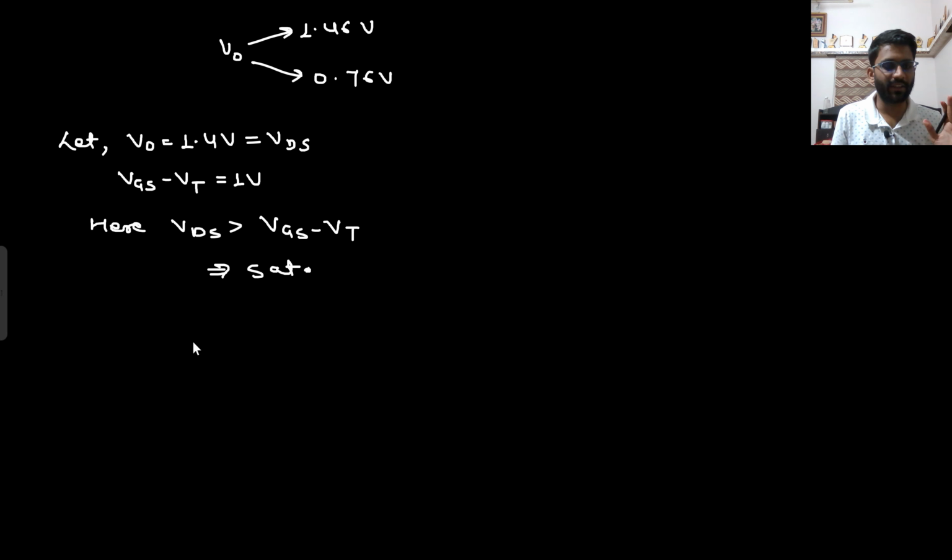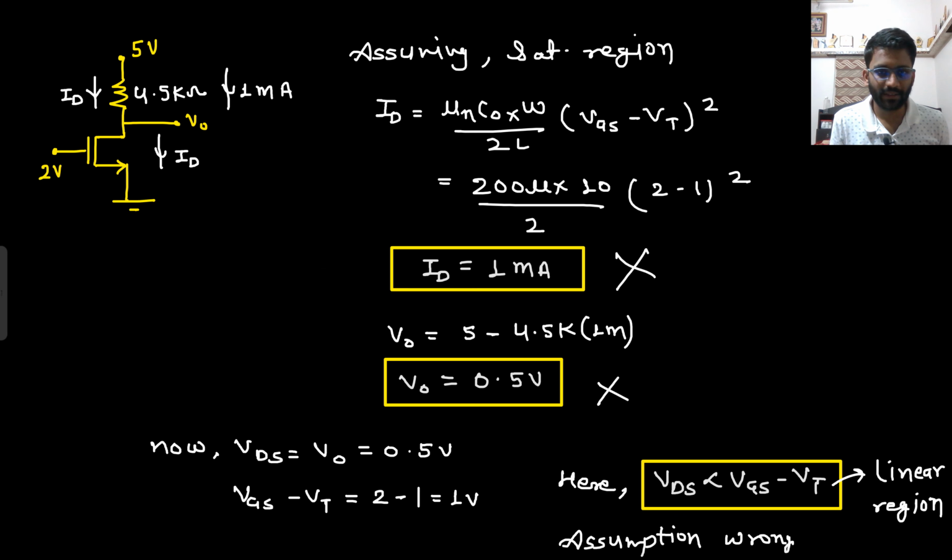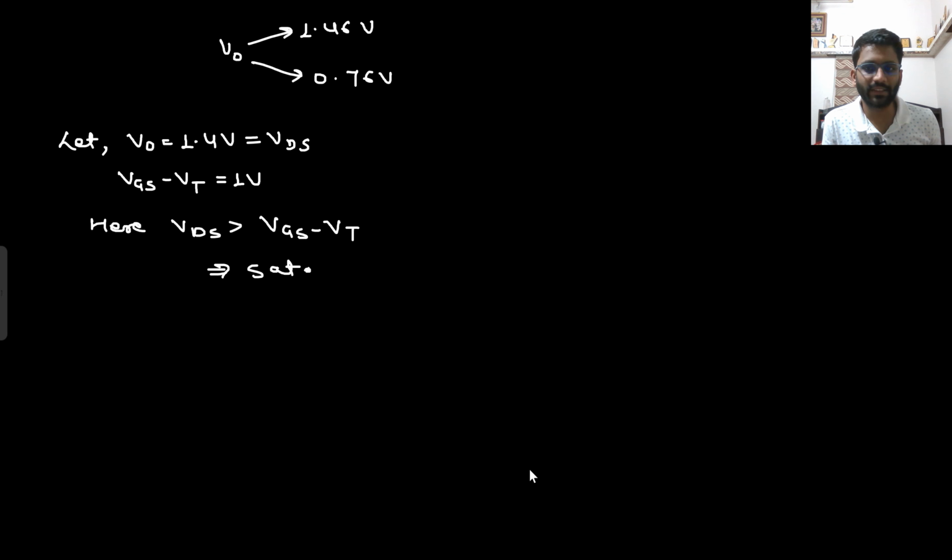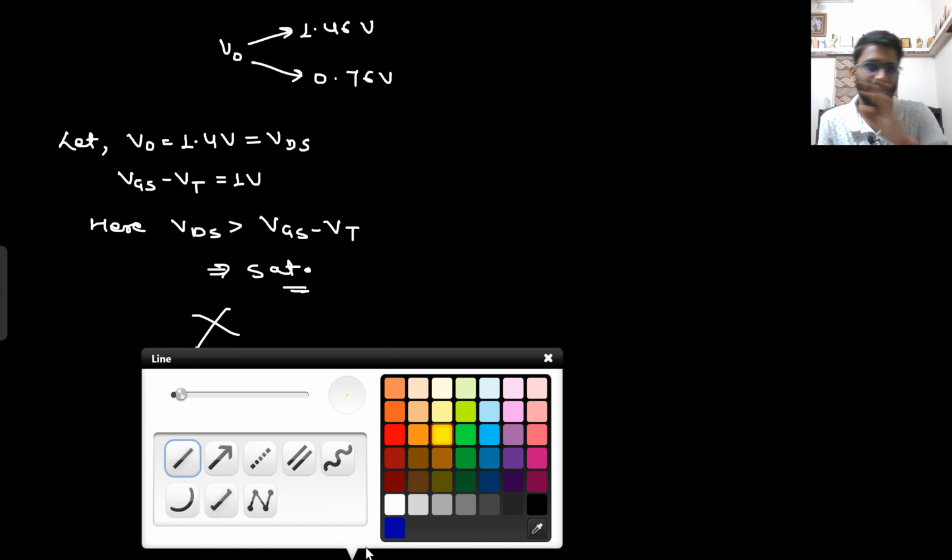But it is not in saturation, that we have already seen by the previous analysis. By the analysis here, what we got to know is that it is in linear region. It is certainly not in saturation region, it can't be in saturation region. So this case is not possible. This case is wrong, because we already know that our MOS is not in saturation region. It can be in linear, it can be in cutoff, but certainly not in saturation region. So that condition is eliminated.